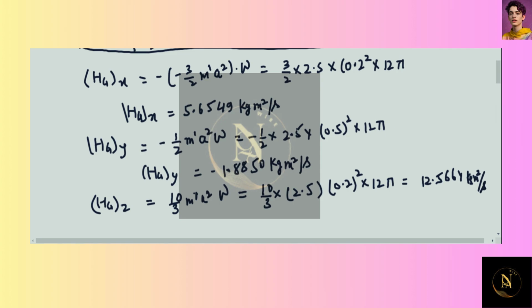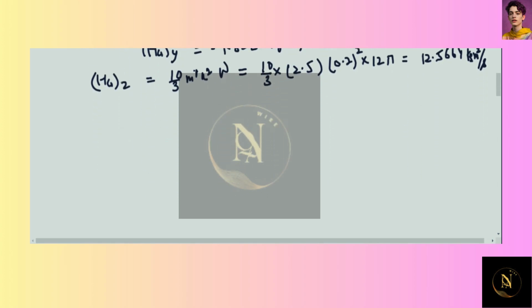The velocity of the center of mass is 0. So the angular momentum of the assembly about the point A can be defined as the angular momentum about the centroid plus the position vector of A with respect to G cross m v. Since the velocity of the center of mass is 0, this term will be 0.